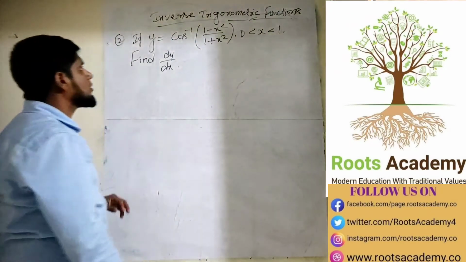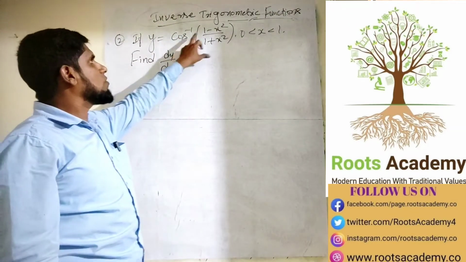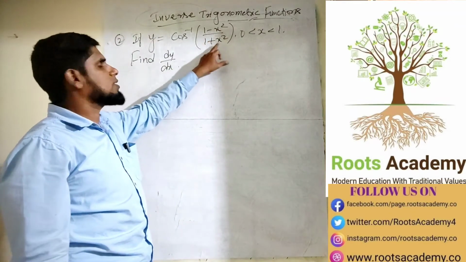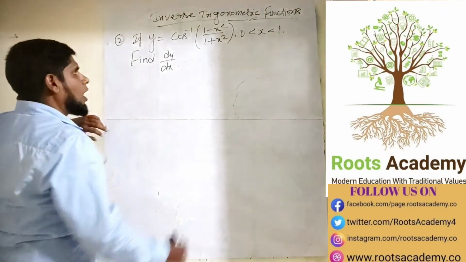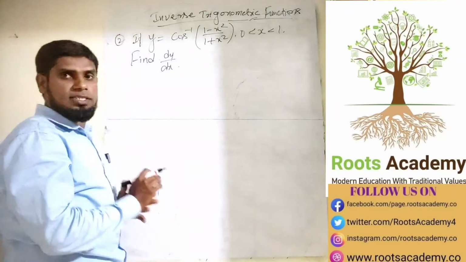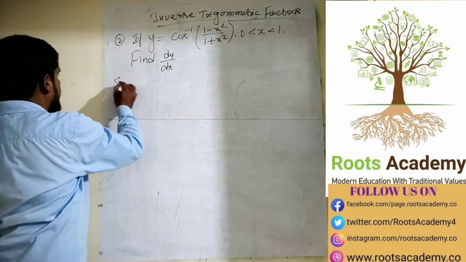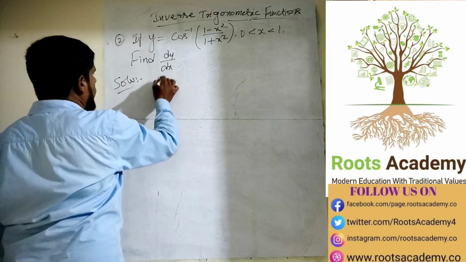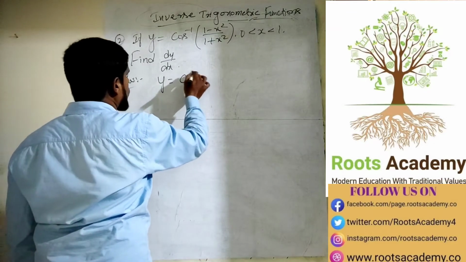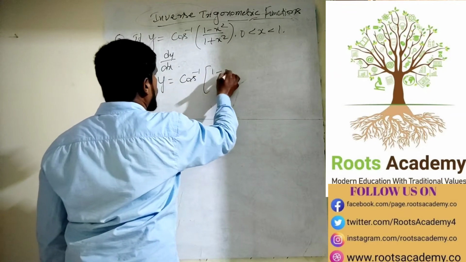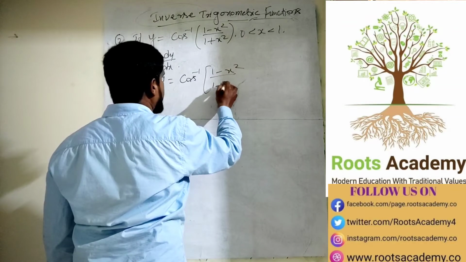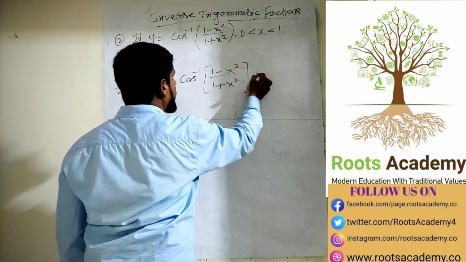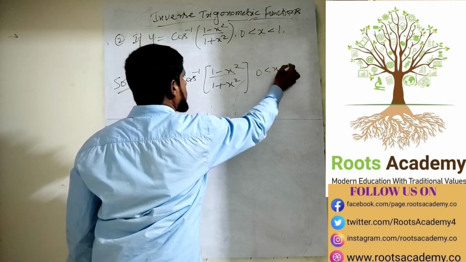Student, here we have cos inverse of (1 minus x square) divided by (1 plus x square). I will put x as tan again here.